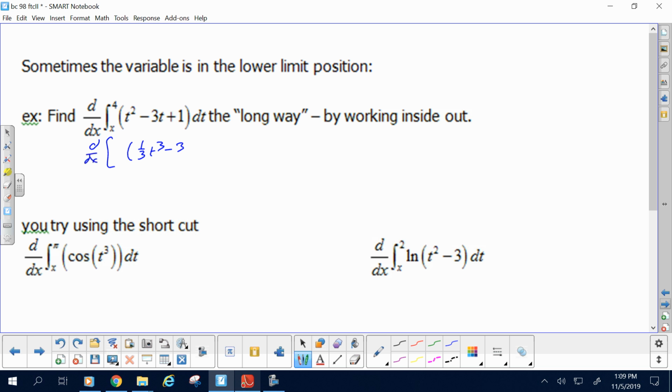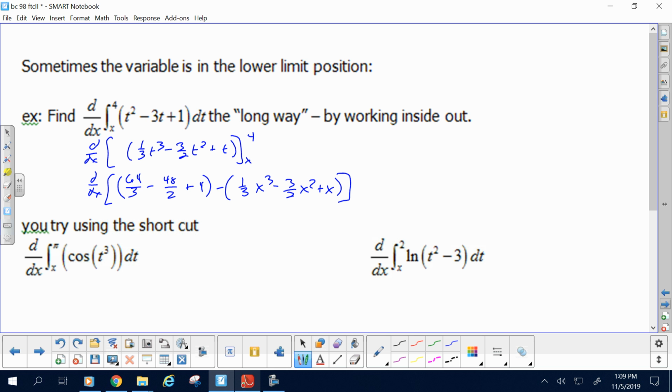All right, from x to 4. So I would get something like 64 thirds minus 48 halves, or 24, plus 4 minus 1/3 x cubed minus 3 halves x squared plus x. And then finally I take the derivative on that.